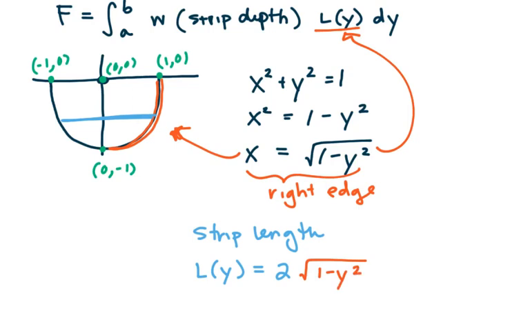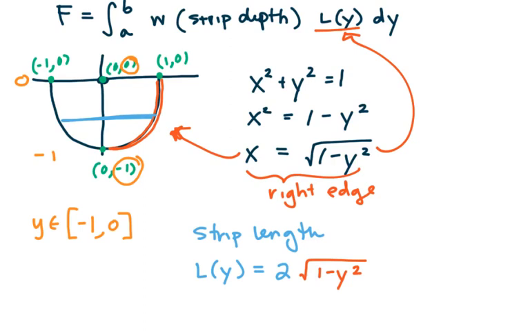All right, my bounds for my integration here, my a and my b values, are going to go from -1 to 0. So my y interval is from -1 to 0.